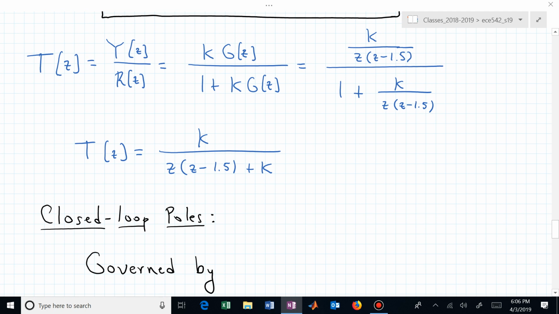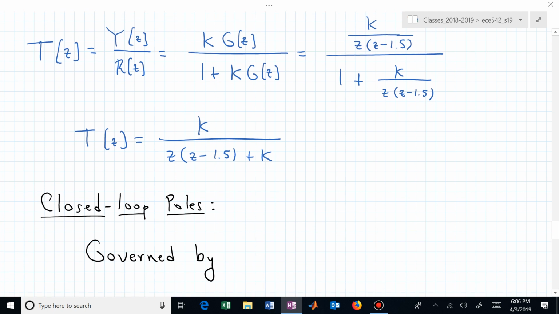Now, fill in the blank. The closed loop poles are governed by what general equation? And it appears on the screen somewhere. What piece of this screen is going to produce our closed loop poles in general?